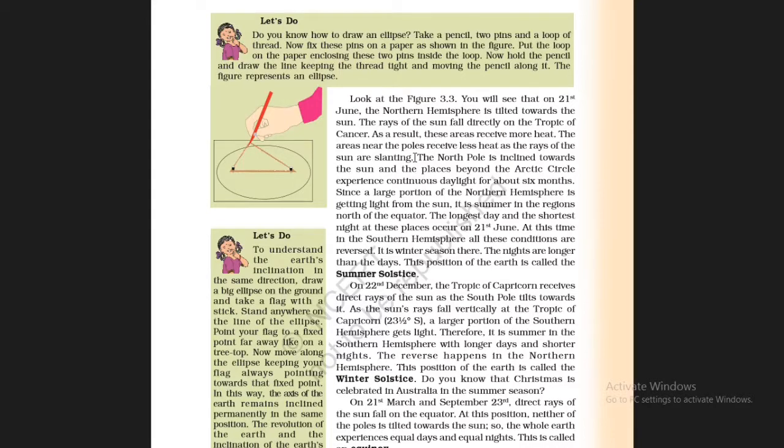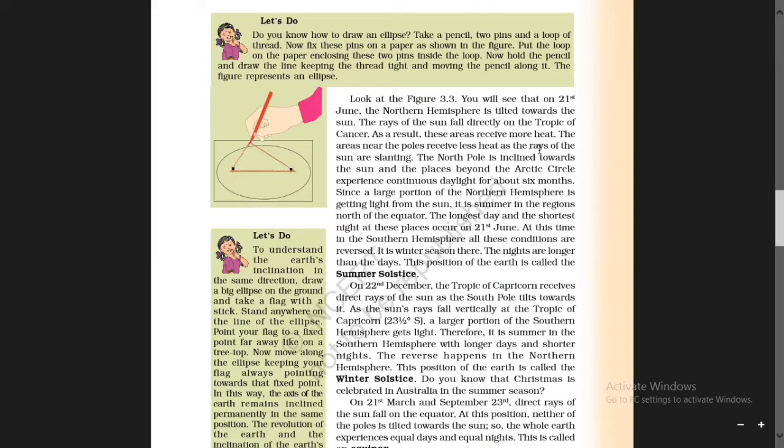And during sunrise or sunset, the rays of the sun fall on us in a slanting, sloping fashion. So at that time we receive less heat. Likewise, the poles, whether North Pole or South Pole, receive less heat as the rays of the sun are in slanting or sloping fashion.